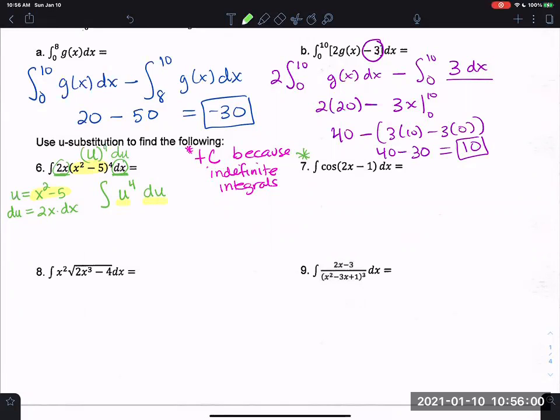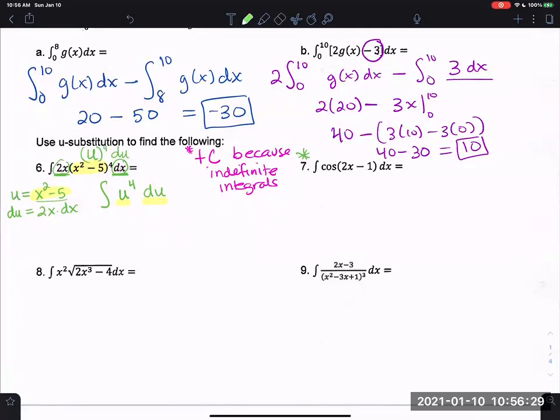So now I can go ahead and actually calculate this. What's the antiderivative of something to the 4th power? It's power rule. So u to the 5th divided by 5 plus c. And what do we do in the end? We replace u with its expression. So I'm going to go back to my u expression and plug it back into the problem.